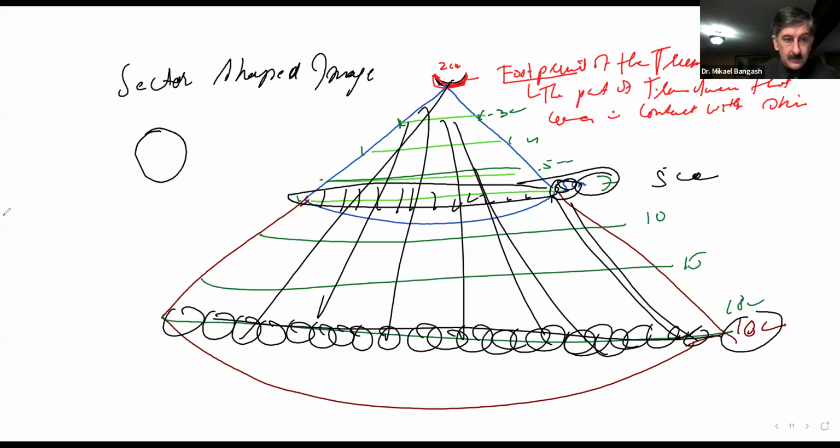When you see a circular shape, this dimension here, a length, is still going to be equal to this length here. Clear?